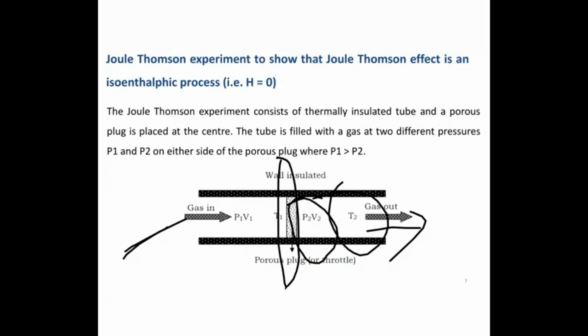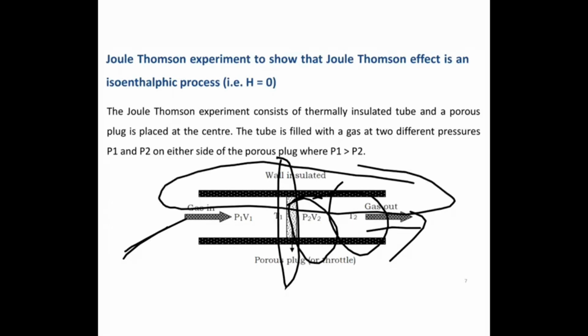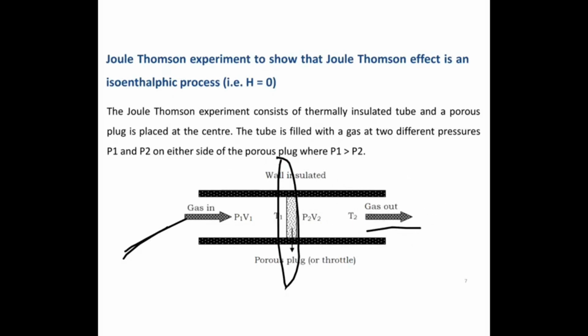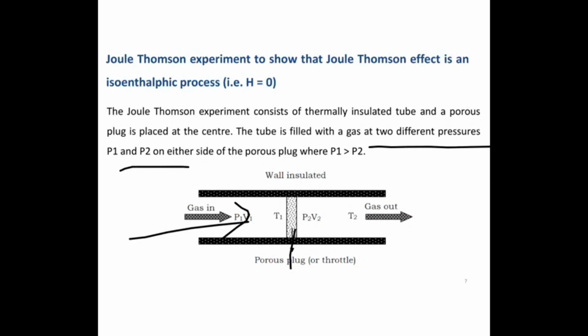These changes can be measured using the Joule-Thomson experiment. This experiment consists of a thermally insulated tube, and a porous plug is placed inside at the center, as can be seen here. The tube is filled with gas at two different pressures. When the gas passes through the porous plug, the pressure changes to P2 on the other side.